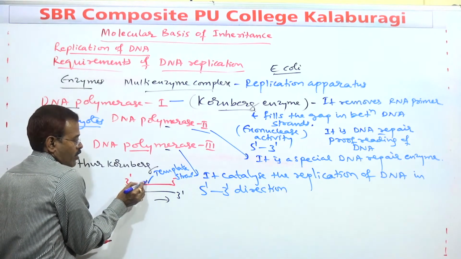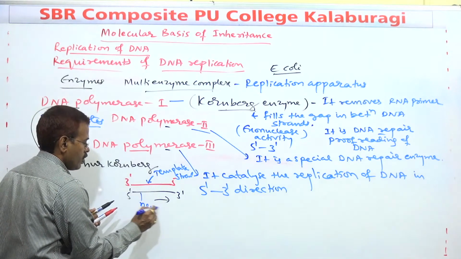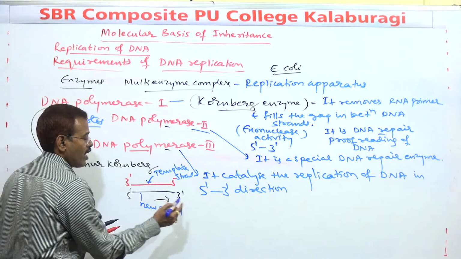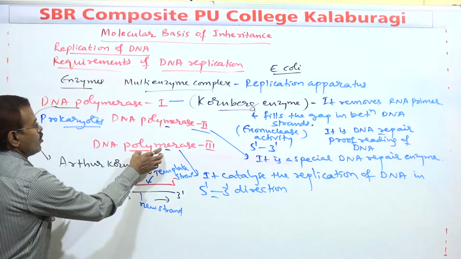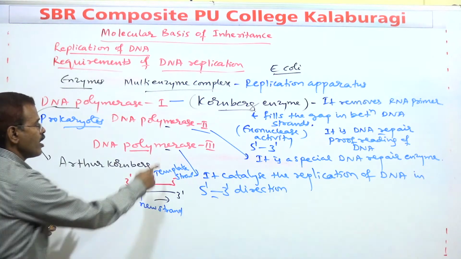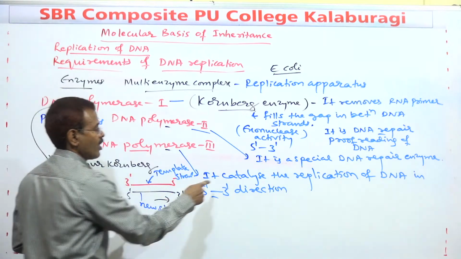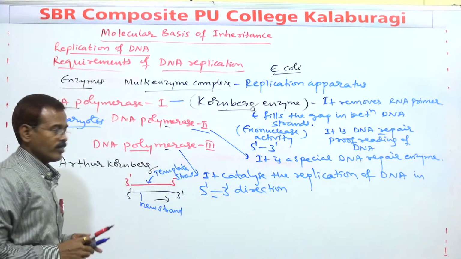This new strand is produced in 5' 3' direction by the activity of DNA polymerase 3. It is a very important enzyme. It catalyzes the replication of DNA in 5' 3' direction.